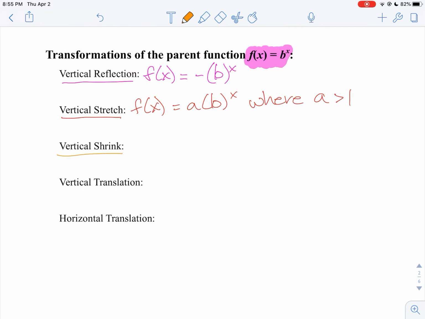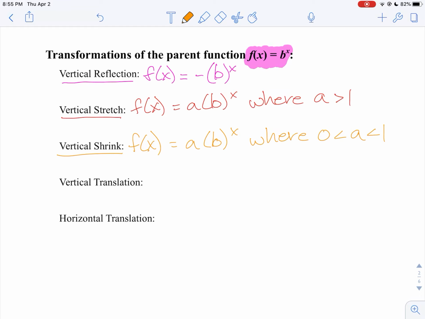And if we wanted to make a vertical shrink, how would we accomplish that? The negative sign out in front, remember, makes a vertical reflection. So to make a vertical shrink, we're still going to use that value a, but a is going to have to be a value between 0 and 1. If a is a fraction between 0 and 1, then it will make a vertical shrink in our graph.